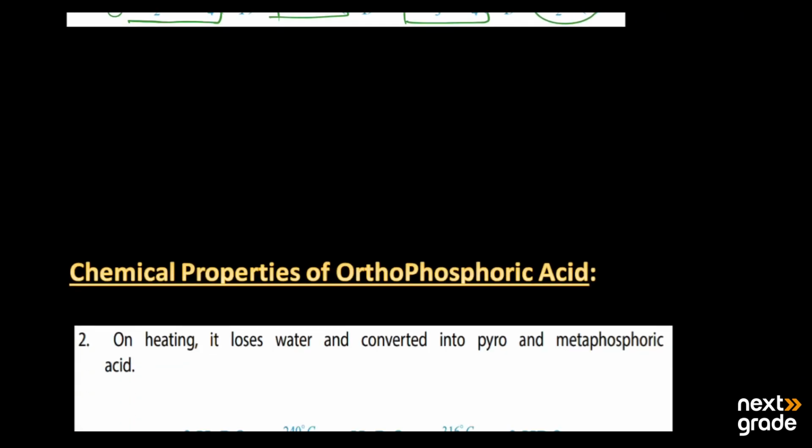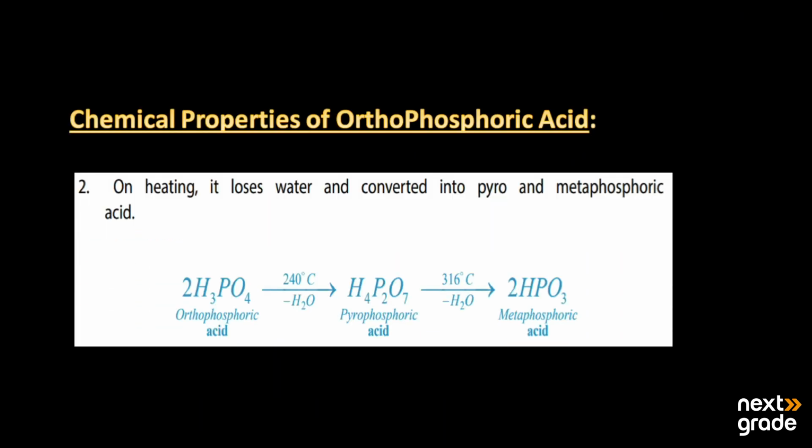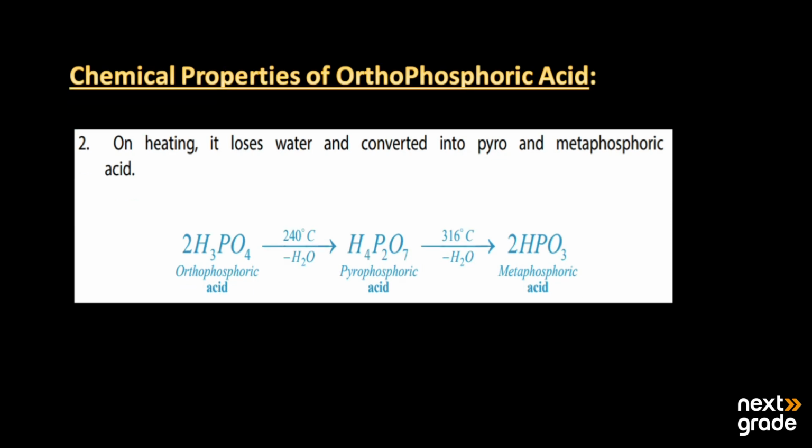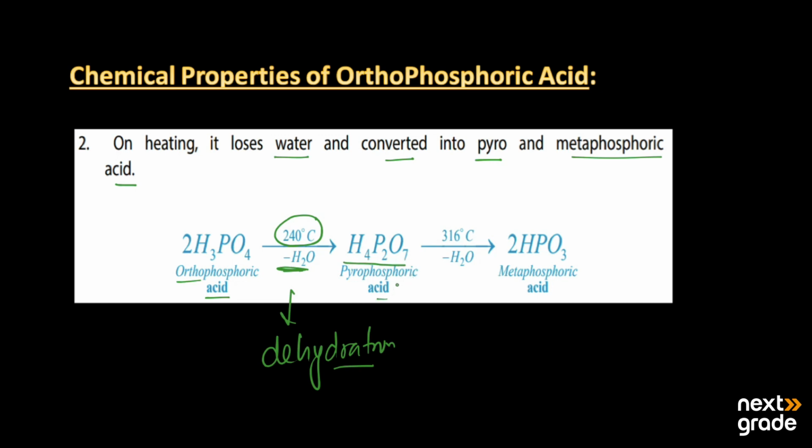What happens when we heat orthophosphoric acid? On heating, it loses water and converts into pyrophosphoric and metaphosphoric acid. These are two intermediate acids of the oxyacids of phosphorus. Upon heating orthophosphoric acid at 240 degrees Celsius, it loses water, a dehydration process, and produces pyrophosphoric acid, H4P2O7.